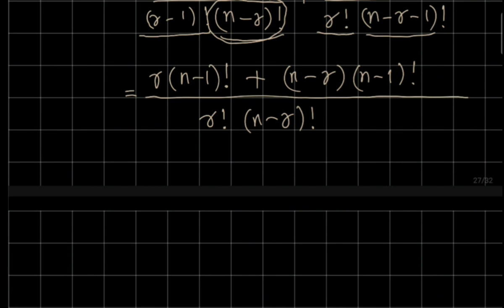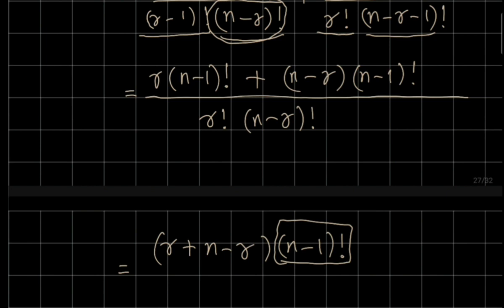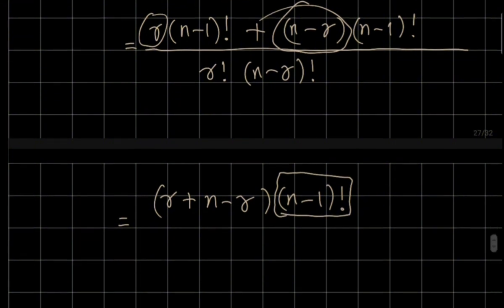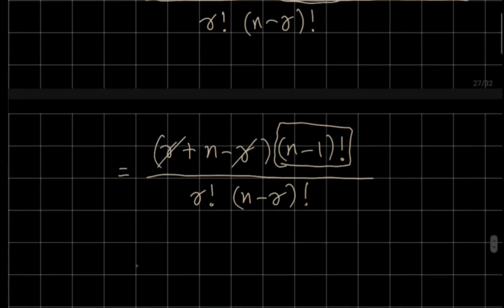Now in the numerator, n minus 1 factorial can be taken as common. So we get n minus 1 factorial times this r and this n minus r. The denominator is r factorial n minus r factorial. Cancel this r with negative r.